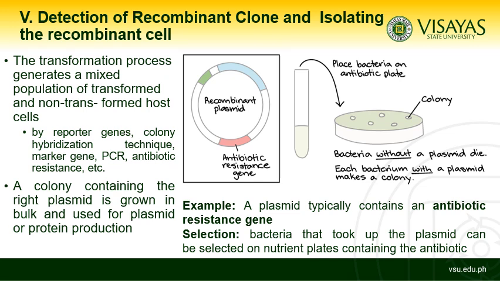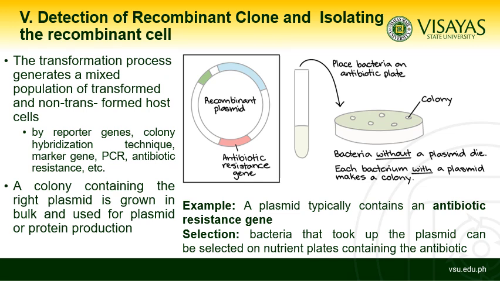However, this might contain both recombinant and non-recombinant cells because, as I mentioned earlier, some of the host cells will take up the recombinant and some will not. Of course, it also depends on the ability of the cell to take up foreign DNA.